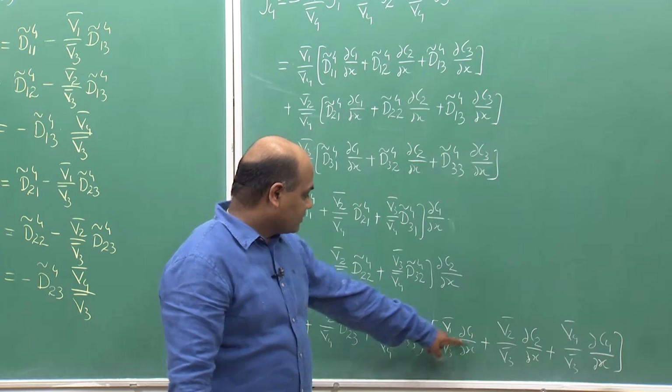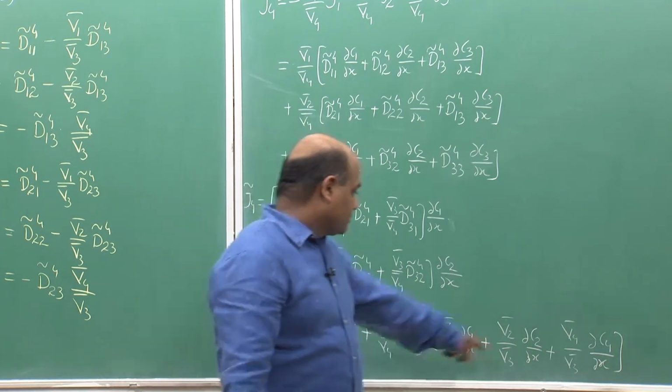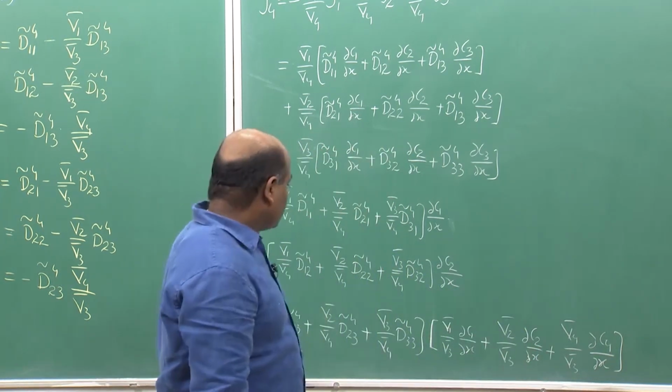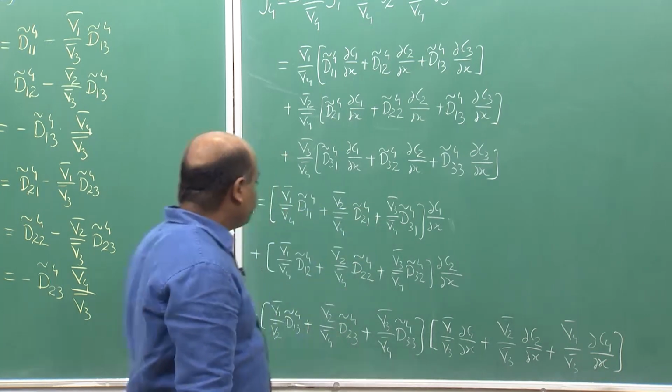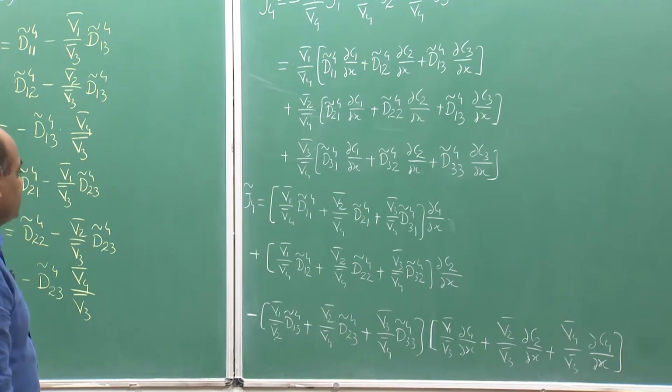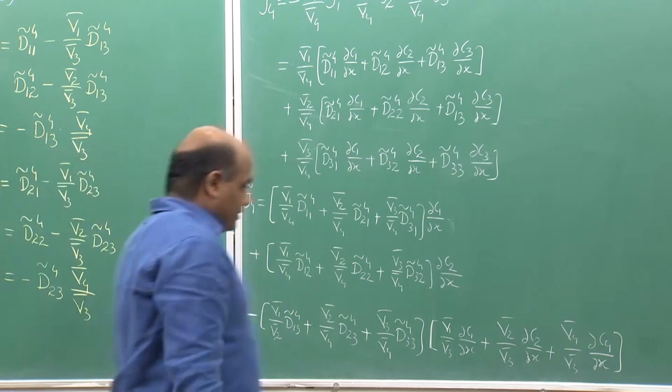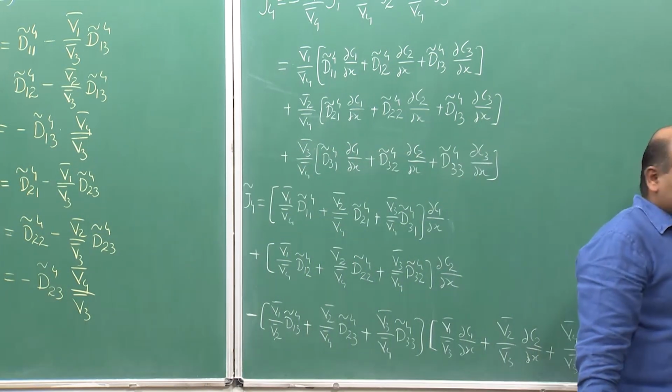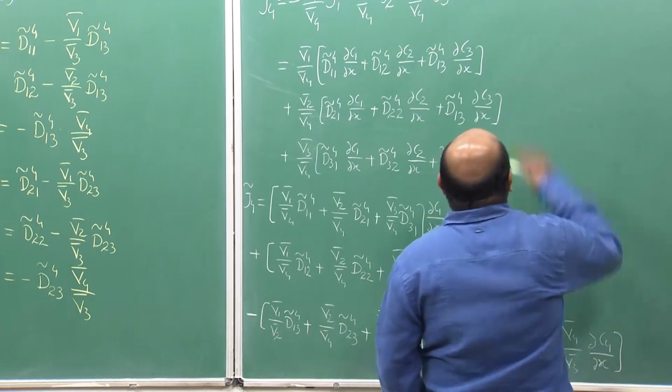So, again we have derivatives of 1, 2 appearing here, and if we take this common and rearrange the corresponding terms, we will get the equations for conversion of coefficients for component 4.